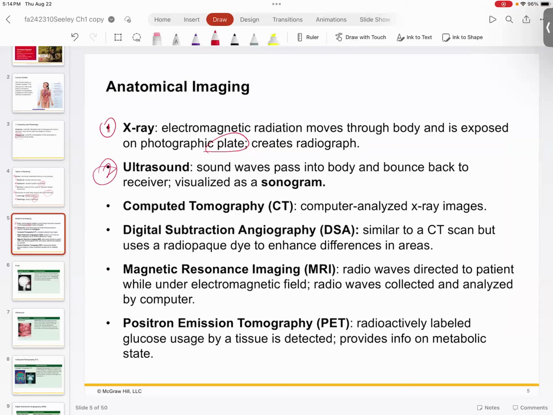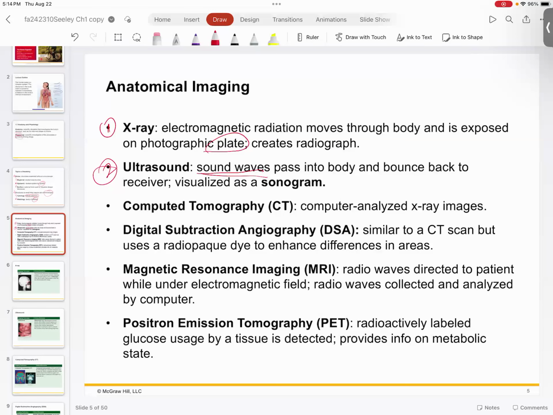Then we have ultrasound. Ultrasound is simply using sound waves. You pass sound waves into the body, and that's kind of like sonar, right? They bounce off of hard objects and come back. You can determine how close an object is based on how quickly it bounces back.